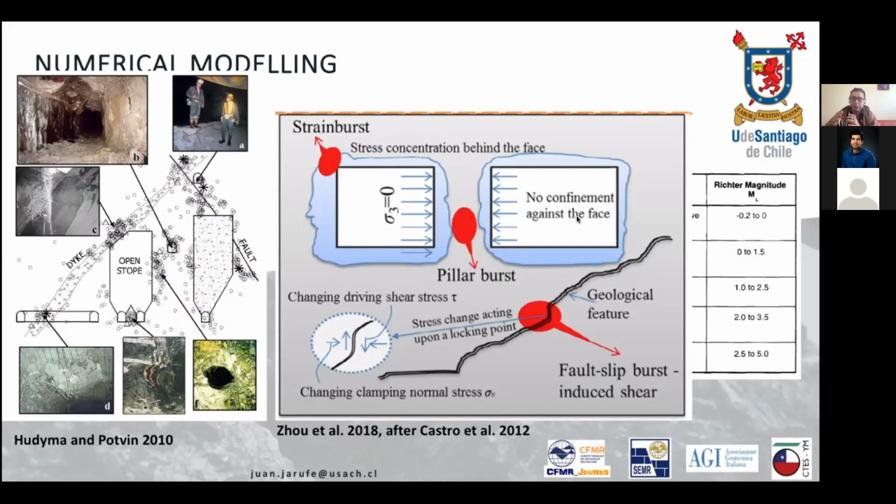Maybe they occur further away, and they don't occur just after your blast. Usually, the first group is associated with stress distribution around your excavations, and the second group is usually related to faults that shear. So those are the two main groups of source mechanisms. It depends on the source mechanism of your problem what kind of numerical tool you may want to use.